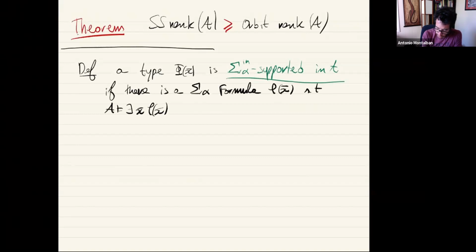That's kind of obvious, it's trivial. And phi implies all the formulas in the type. And A models that for every x, if phi of x holds, then all the formulas in the type are true.